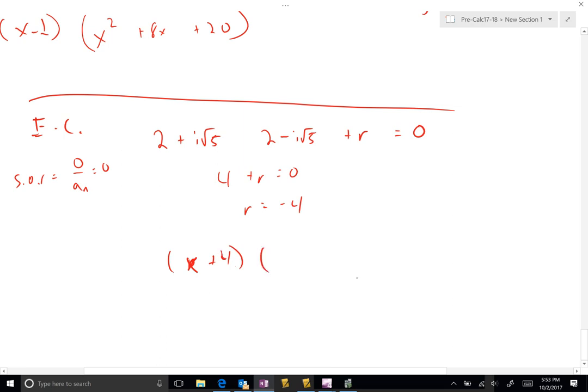Well, we could do it the long way. x minus 2 plus i radical 5 times x plus 2 minus i radical 5. That's a lot of multiplication. I'm going to take a shortcut.